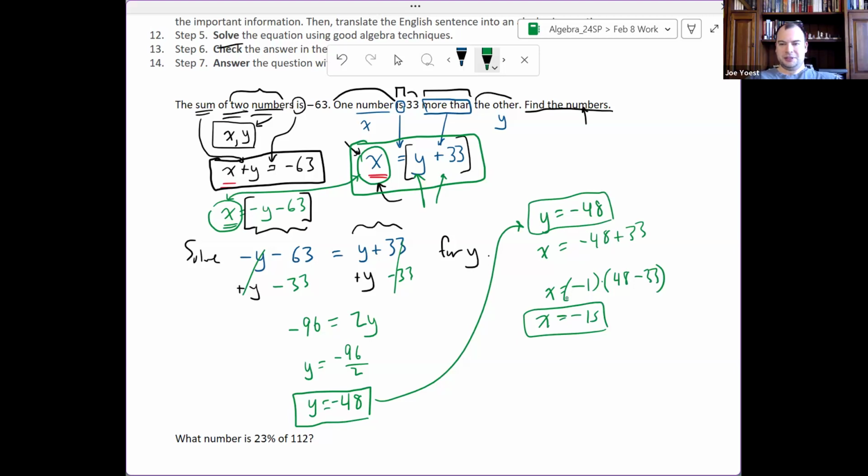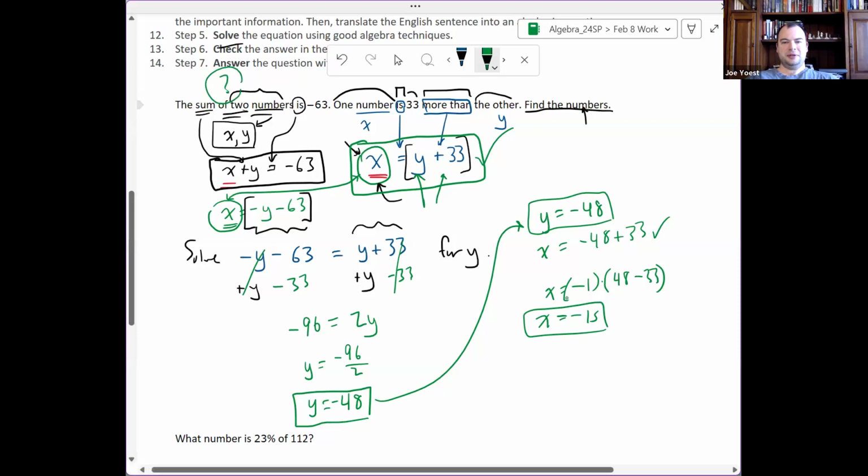Essentially, by construction, x is 33 more than y, so this should be correct. Is it true that these two numbers add to negative 63? Negative 48 plus negative 15 indeed gives me negative 63. So I've checked my answer. I've made sure that all of the components of the original word problem are satisfied.